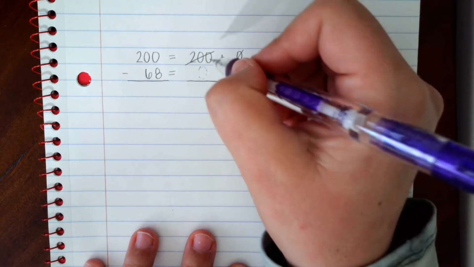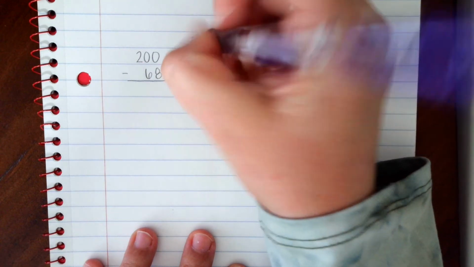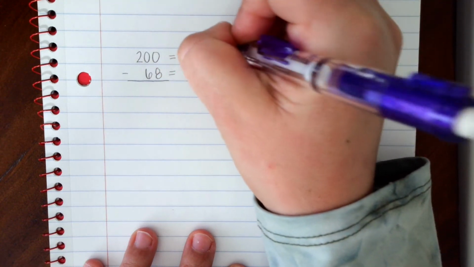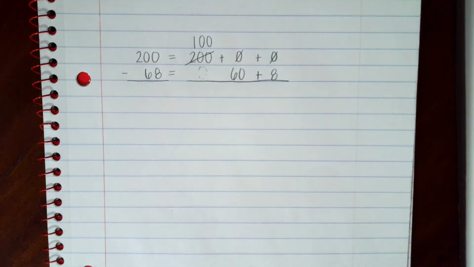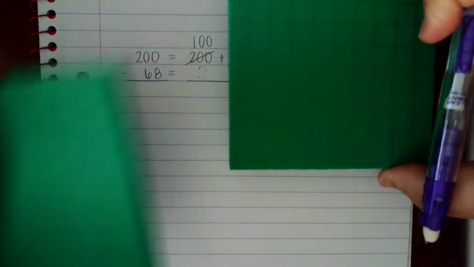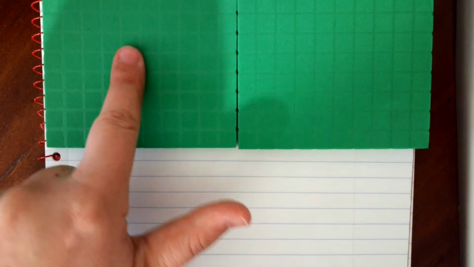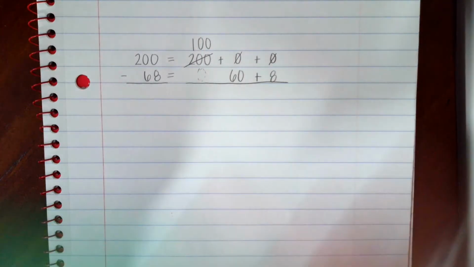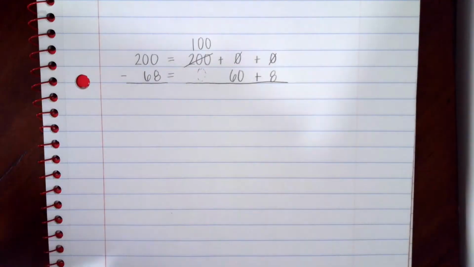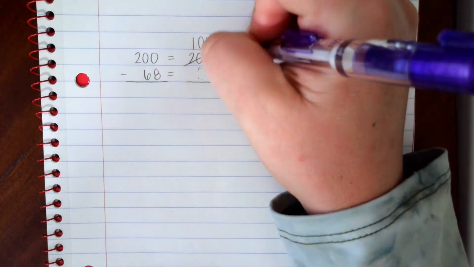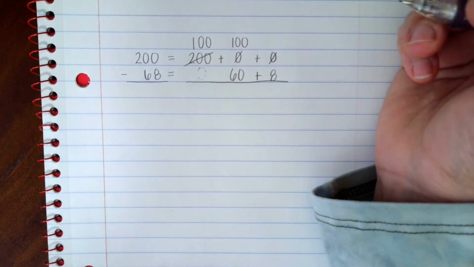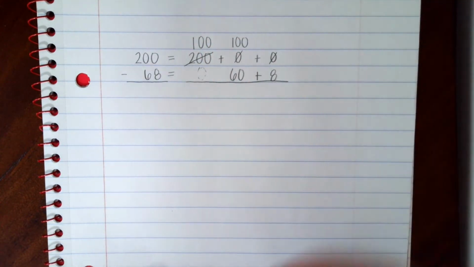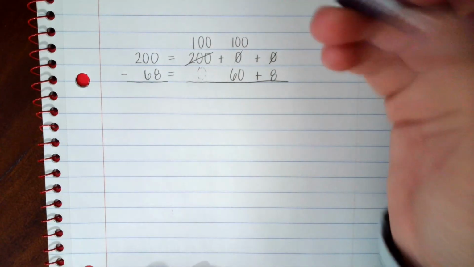I'm going to take my 200 and exchange one of those hundreds. Remember when we had both of these? I left one and I exchanged the other. So when I exchanged this 100, I was able to bring back 100, because I had my 10 tens.